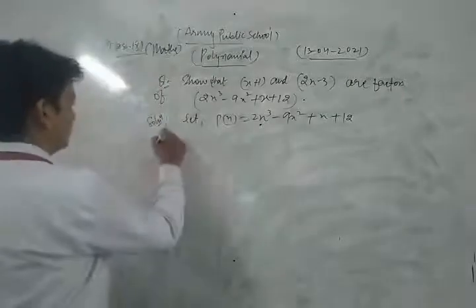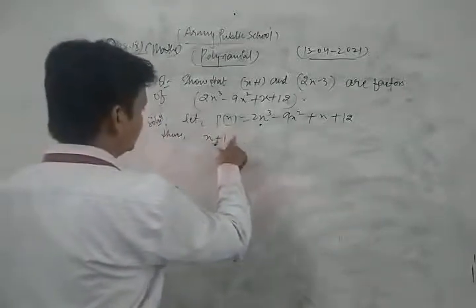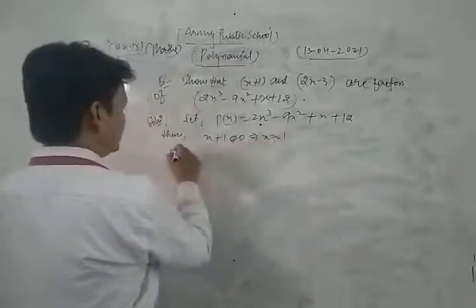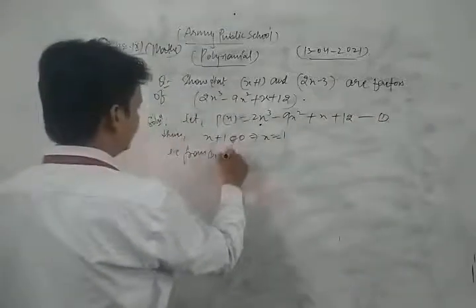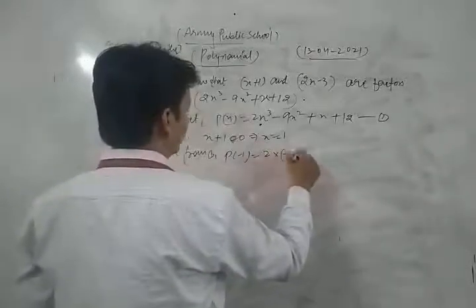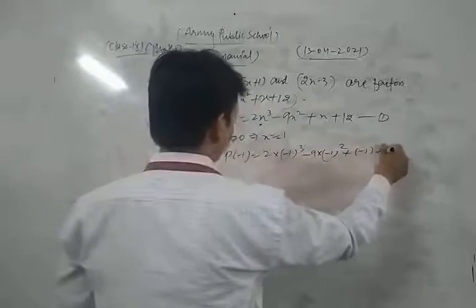Thus, first we take x plus 1 equal to 0, that is we get x equal to minus 1, so from this we get p(minus 1). Now we replace x by minus 1: 2 into minus 1 cube minus 9 into minus 1 square plus minus 1 plus 12.